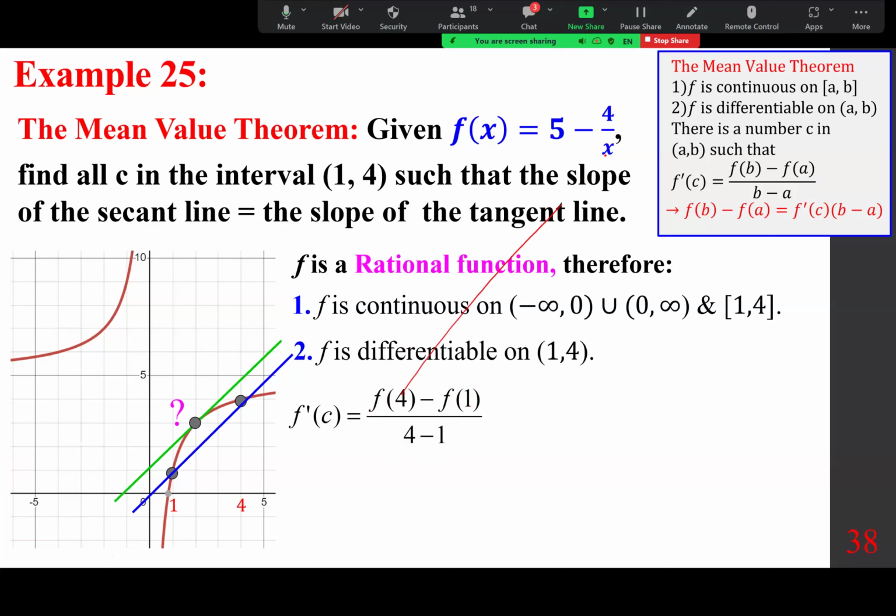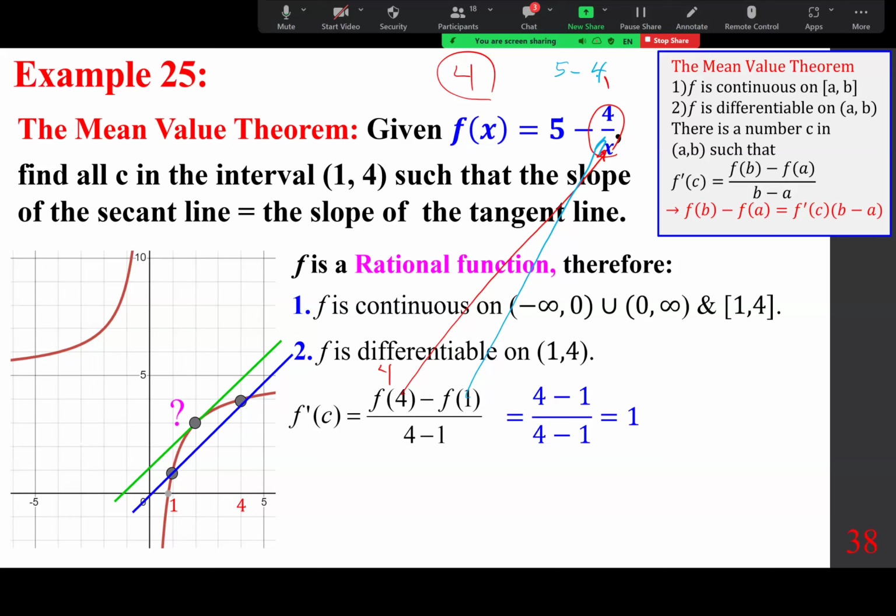If I plug in 4 here, this becomes 1. 5 minus 1 is 4. So f of 4 happens to be 4. If I plug in 1 in here, I get 5 minus 4, which is 1. So we get 4 minus 1 over 4 minus 1, which makes it 1. So f prime of c is equal to 1.